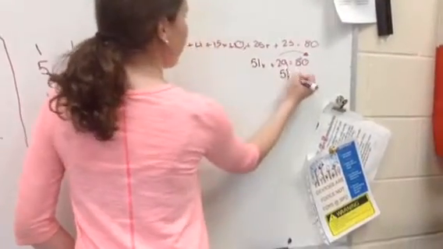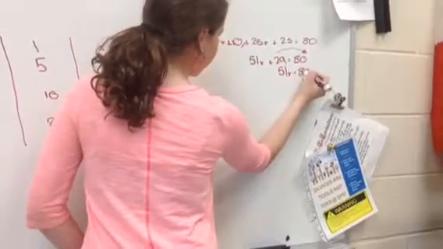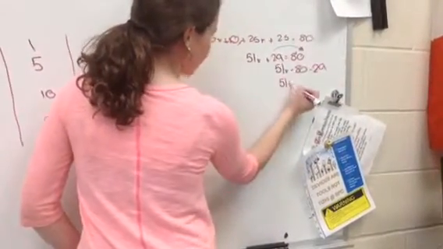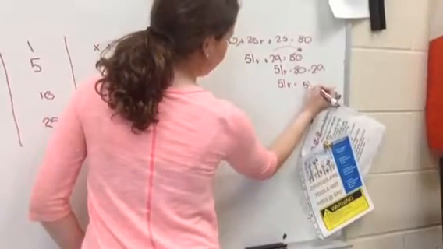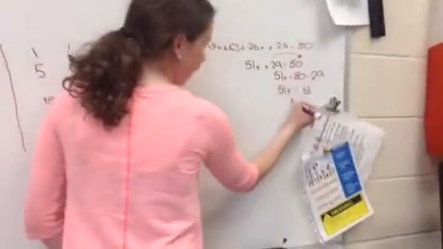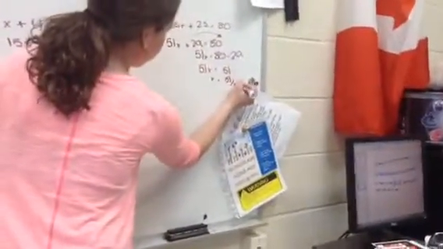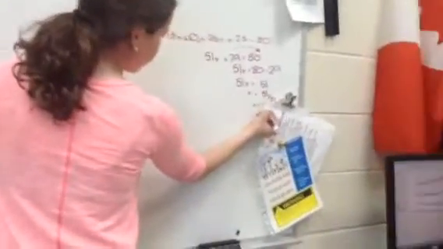So 51x equals 80 minus 29. 51x equals 51. And then you can isolate the variable even more: x equals 51 divided by 51. So x equals 1.